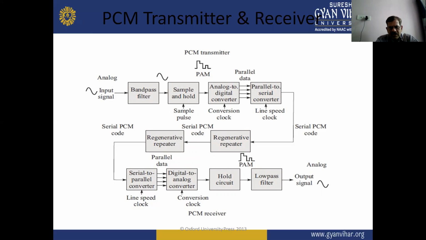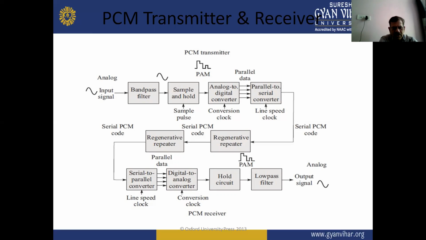that is the digital signal, and this signal is applied to the parallel to serial converter, which converts these parallel digital signals into serial signals. These serial signals are PCM codes, and these PCM codes are applied to the regenerative repeaters.